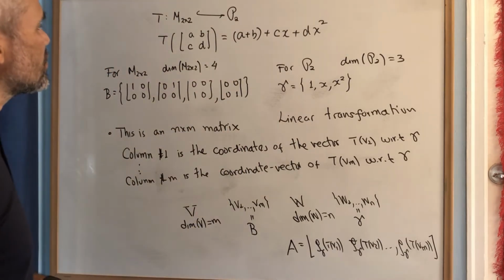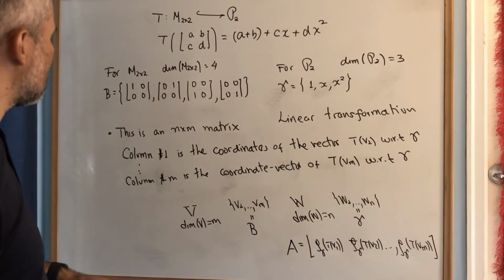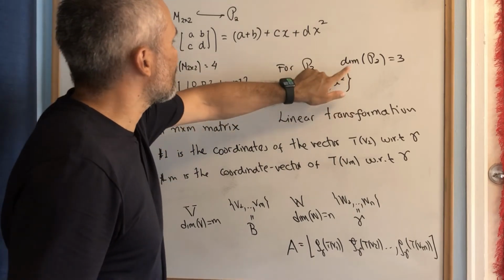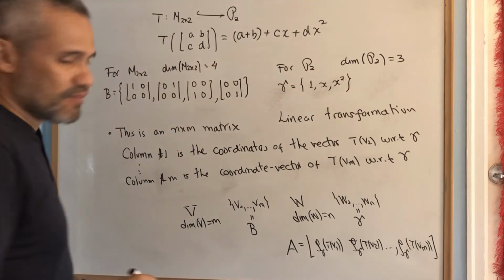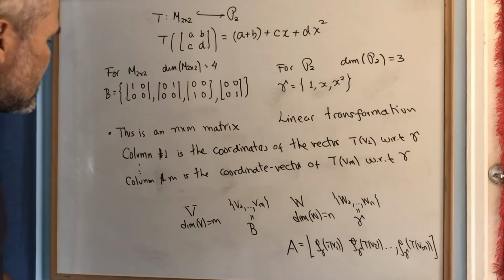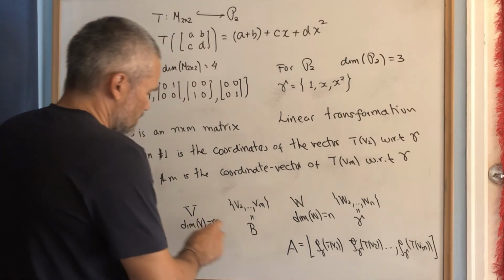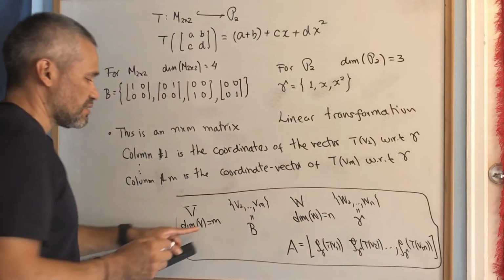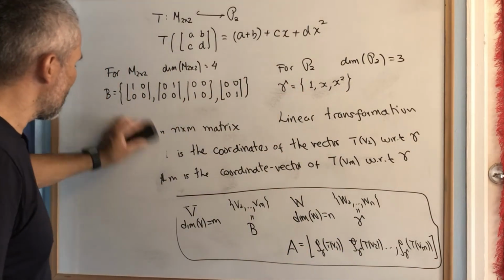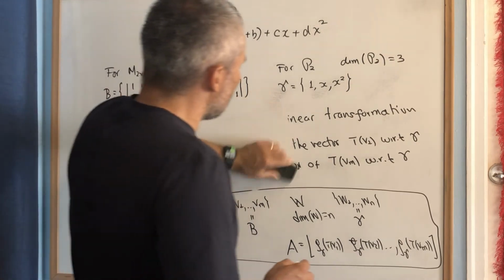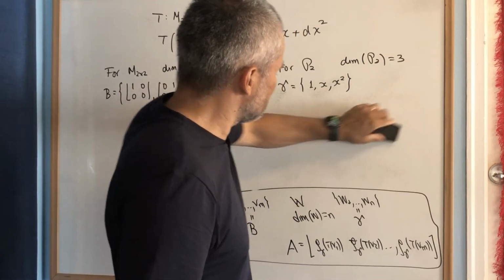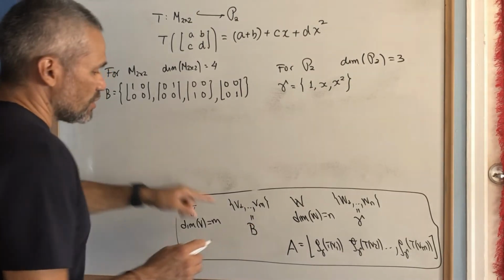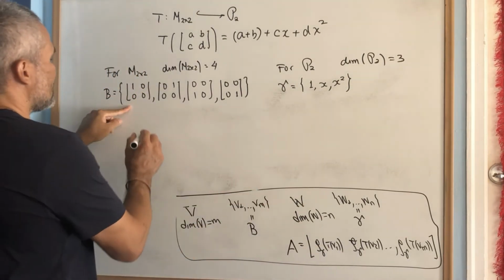Then we are going to get a 3 by 4 matrix. Let's see what matrix that is. This is all that we need to know. Then how do I find the first column? What it says is compute the transformation at the first element.